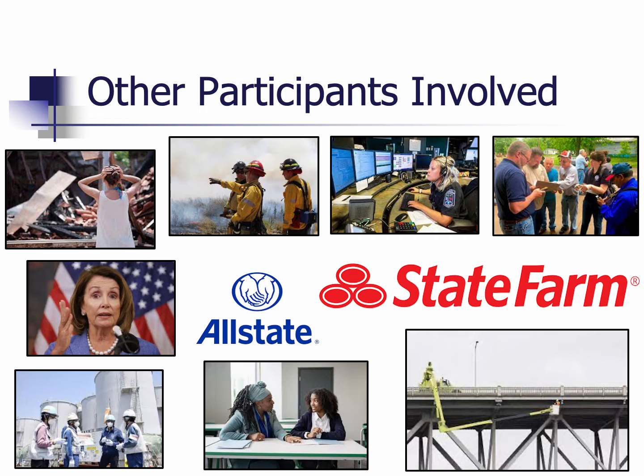Insurance companies will send in personnel to verify damages and begin to process claims. The operators of critical infrastructure will be involved, whether this is in relation to roads, bridges, hospitals, electrical grids, water systems, or even nuclear power plants.